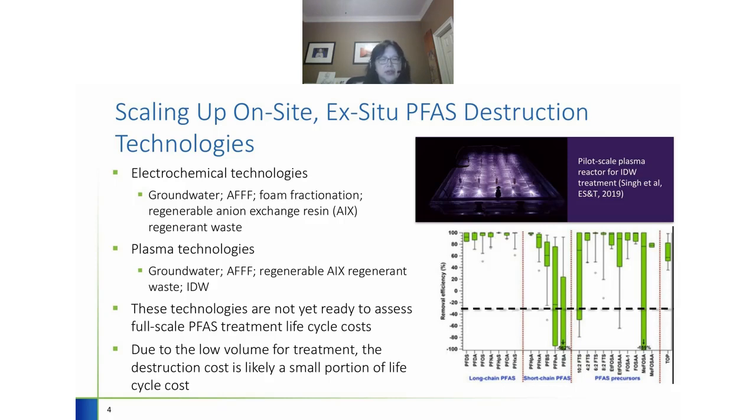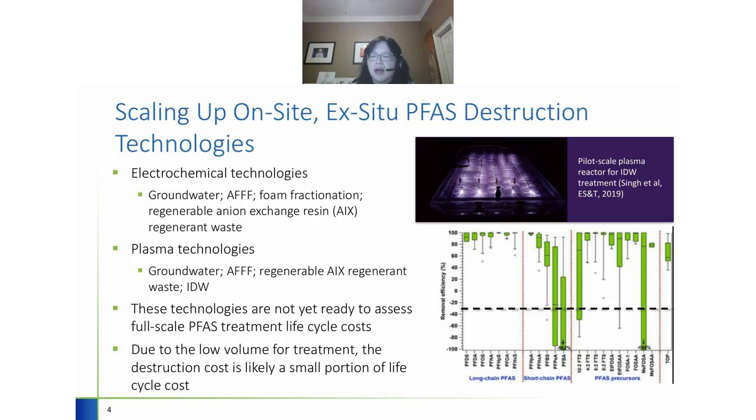It demonstrates very efficient destruction of long-chain PFAS, which you can see on the left-hand side of that bar chart. It does generate short-chain PFAS as intermediates, and we have also seen some precursor concentrations increase from the transformation of other precursors in the water.